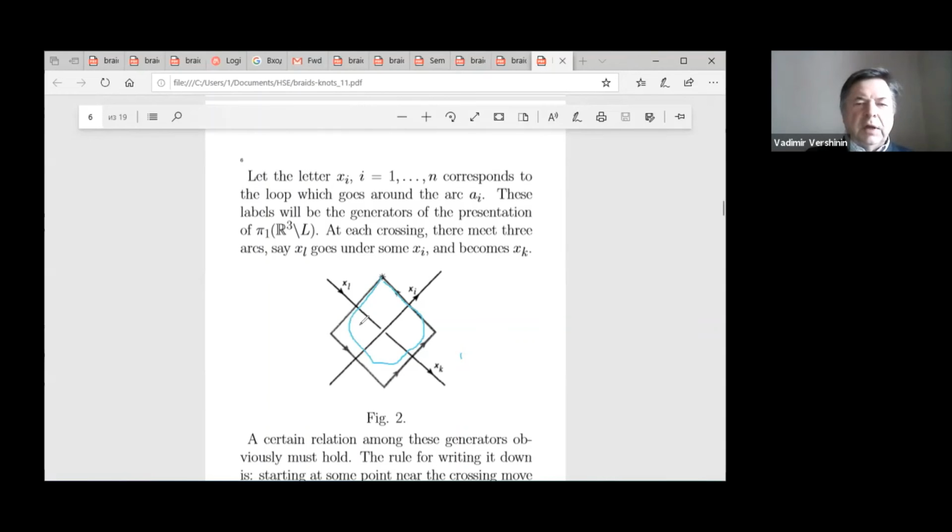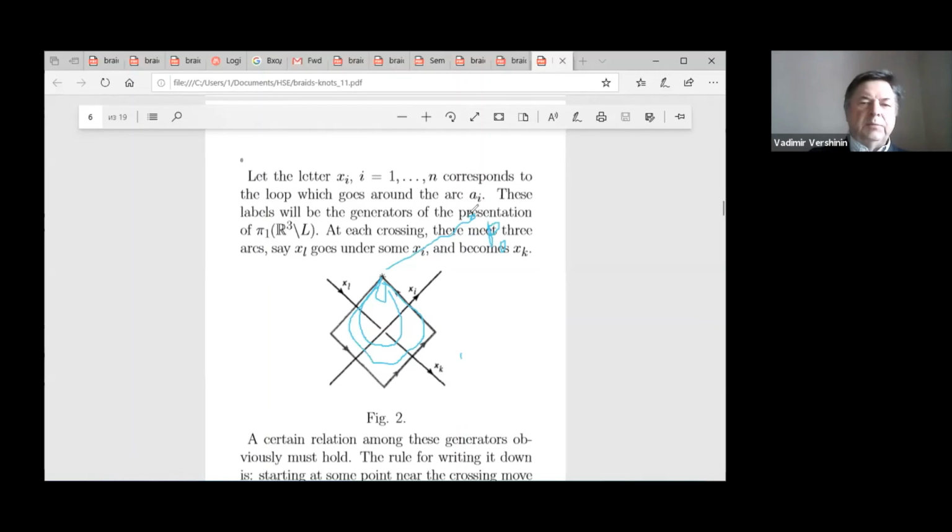You are going under, you can deform, and finally you can escape your knot. Let this be the starting point, a little bit different projection.